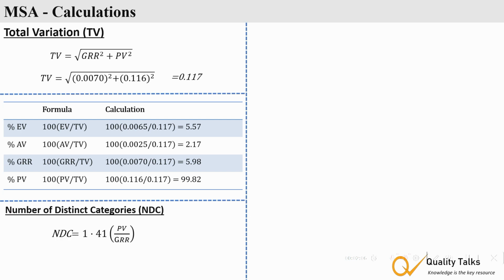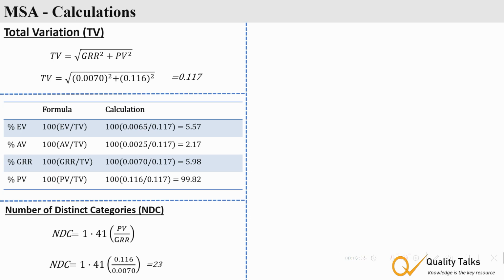Now we will calculate NDC, number of distinct categories. The formula is NDC is equal to 1.41 multiplied by PV divided by GRR. By putting the values, we get NDC as 23.